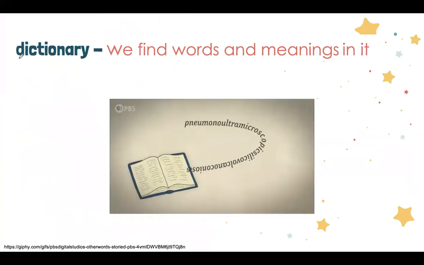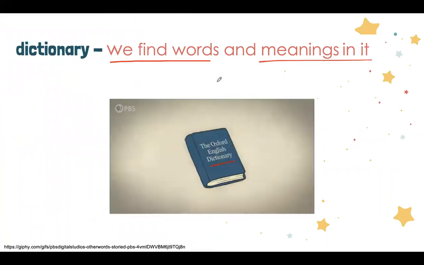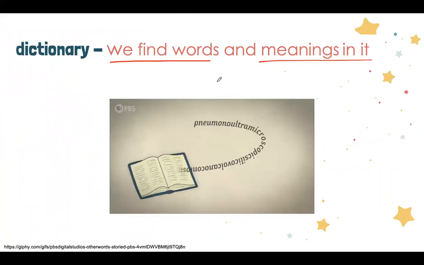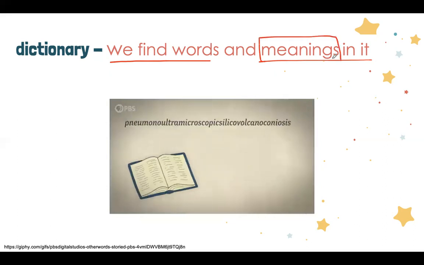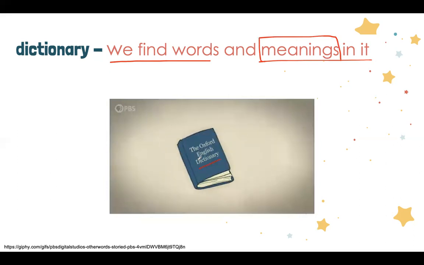This is a dictionary. So, in a dictionary, we find words and the meaning of the words. For example, what is the meaning of beautiful? We look at it in our dictionary.